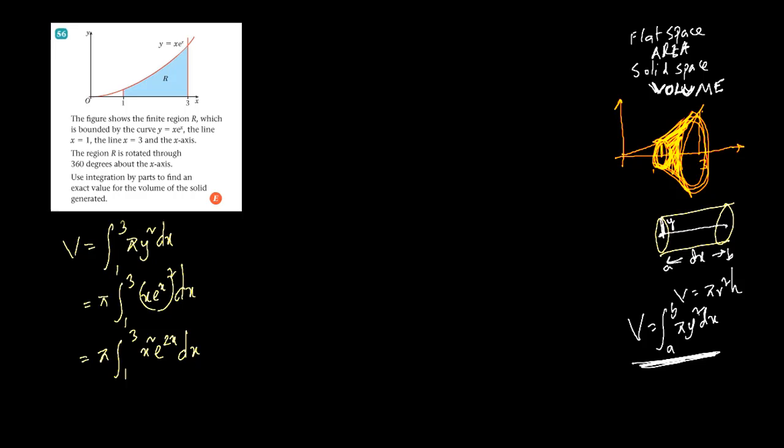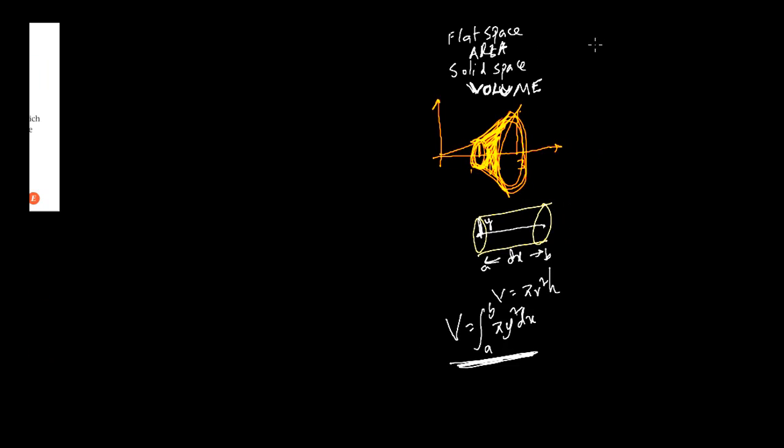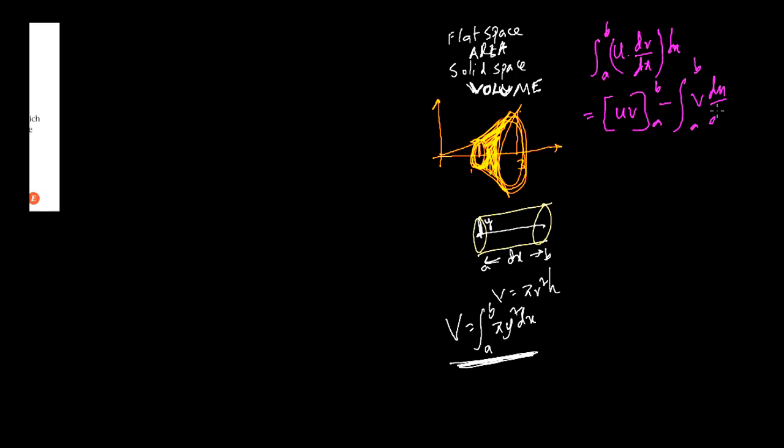Now the integration by parts formula is given by: if you have to integrate from limit a to b, u dv by dx, this is going to be uv from a to b minus integration a to b of v du by dx.